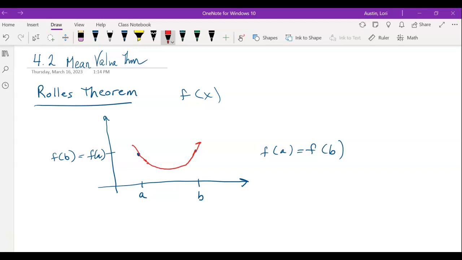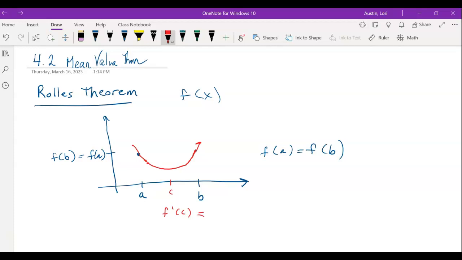Which means there needs to be some value c that is definitely between A and B, such that f prime of c must equal what?